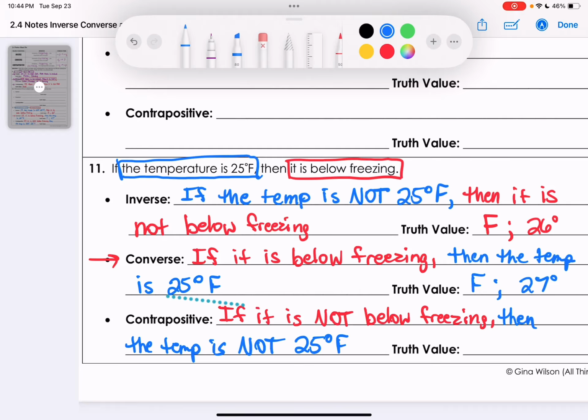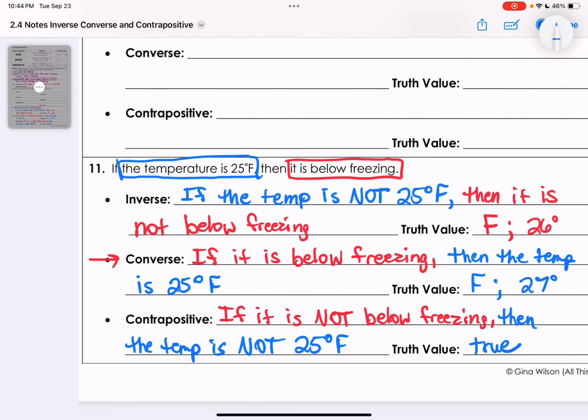Now that is true, because to be 25 degrees Fahrenheit, it is below freezing. So if it's not below freezing, that means it's above 32 degrees Fahrenheit, which could not be 25. So I want you to do number 10 and then check it with my key.